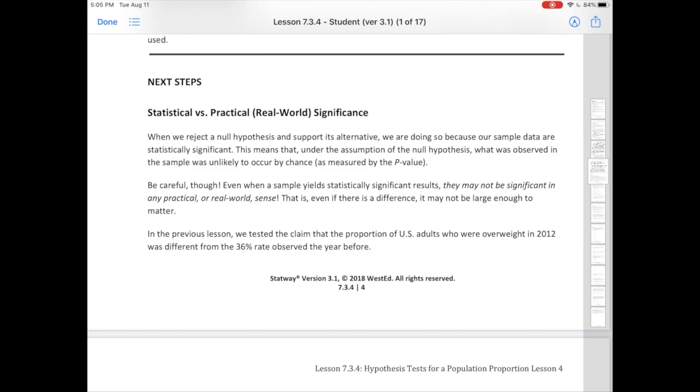But is it significant? 25 cents an hour maybe is not enough for you to consider it a significant raise, right? So this is what we mean by is it significant in the real world. Maybe the statement is technically true, but it's barely true. Like if you say more than 18%, maybe it's just barely higher, not even a percent higher, and so it doesn't even really matter in the real world.